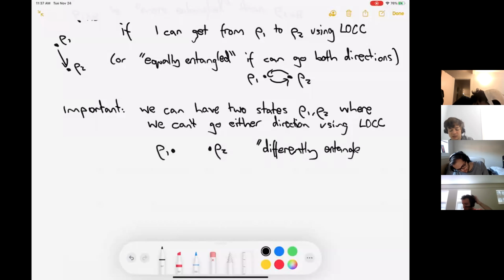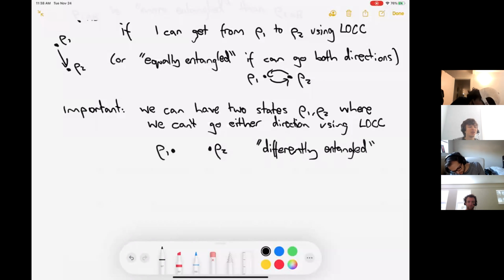Like, if we had arrows going both directions, if we could interchange between the two, then they're equally entangled. In this case, they're not equally entangled. They're distinct, but it's not as simple as one being more entangled than the other. They just have different entanglement structures.